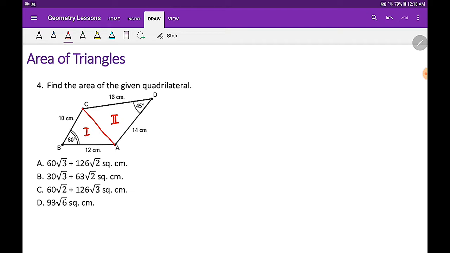Quick review: sine 60 degrees is equal to square root of 3 over 2. Sine 45, we got that already. If you forgot that, go back to the previous video. Sine 45 degrees is equal to square root of 2 over 2. Keep that in mind. That's what we're going to use.